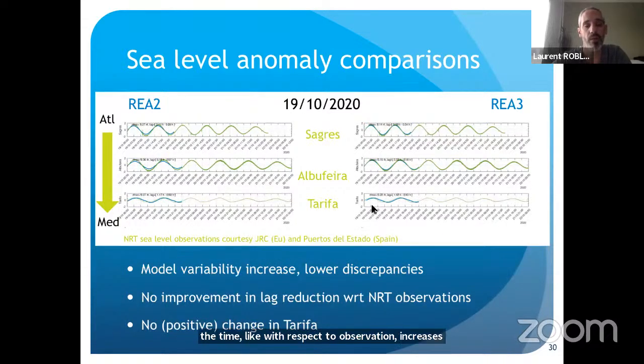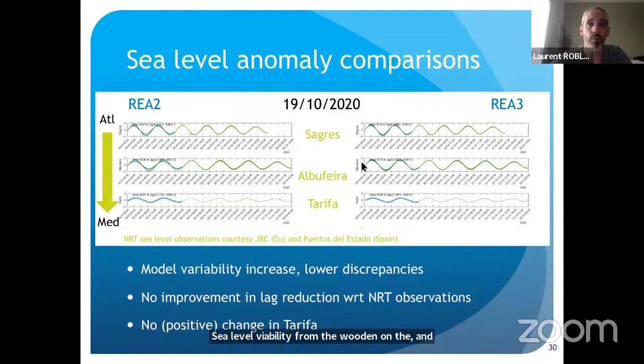If we compare now one grid nesting, then a simulation with two grid nesting, you can see the impact of adding the second embedded child grid over the Alboran sea level. In this RIA3 simulation, we have an increased sea level variability from the model, at Sagres and Albufeira.